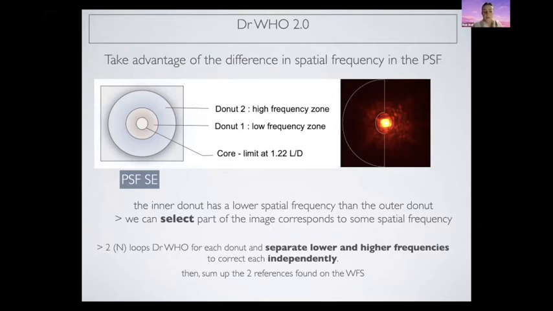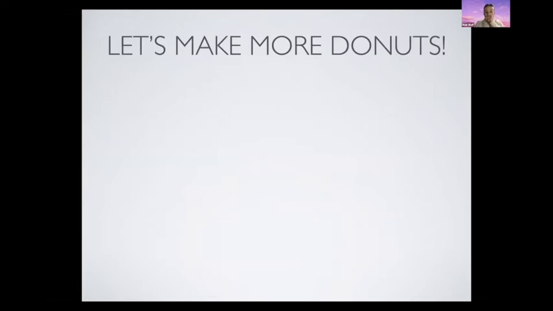So we can basically separate lower and higher spatial frequency and correct them independently. We have two loops of Drwho algorithms that run in parallel, and then finally we sum the two references given by the two zones, and we find the wavefront sensor image reference.